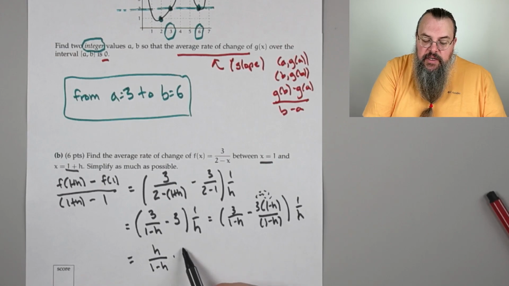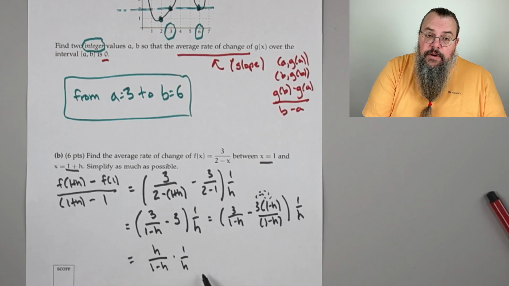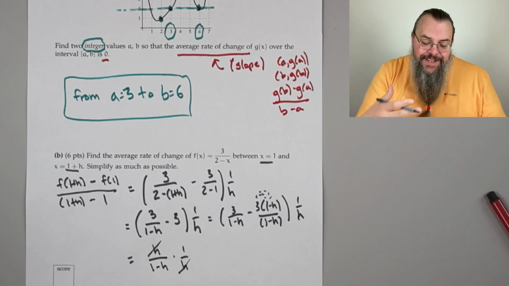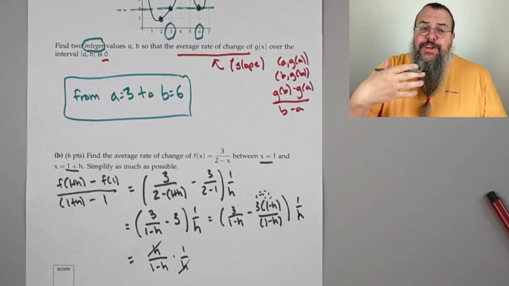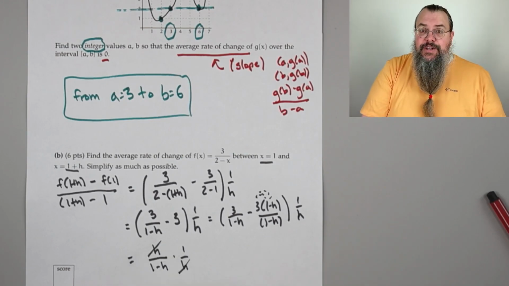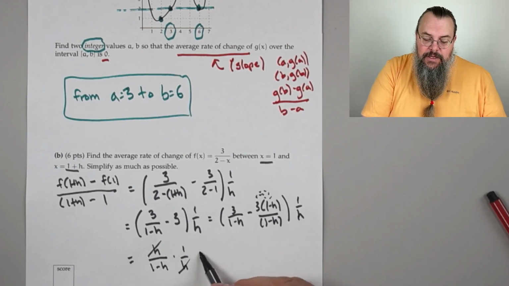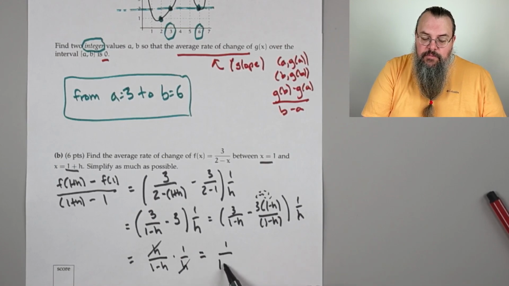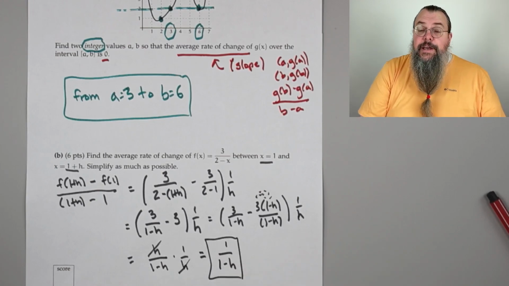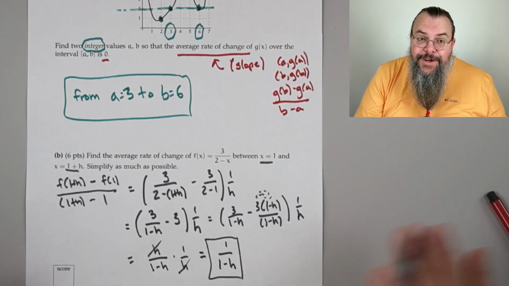And then times by 1 over h. Don't forget that. And now what do we see? Aha, h's cancel. And we should expect it. As long as we've lived a good, clean algebra life, we should expect cancellation like this. And we end up with 1 over 1 minus h. And we're done.